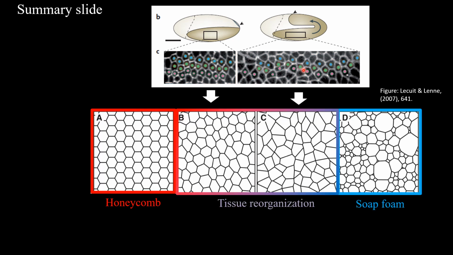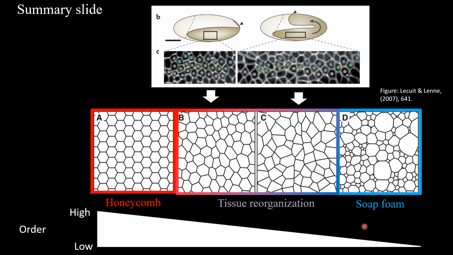What this paper is doing is studying this process of convergent extension in flies, and it finds that the cells in the beginning are not in a completely honeycomb pattern. They are in an in-between stage. They are also not the disorganized pattern that you find in soap foams. They are in between, and the reorganization, the convergent extension, is going to disorganize the system.